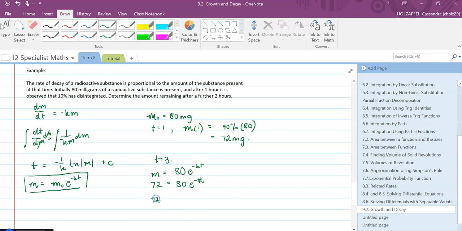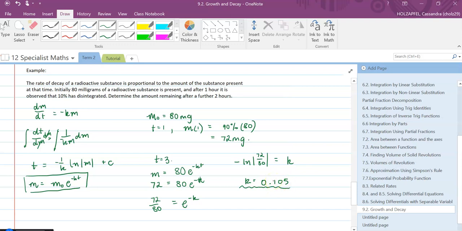Going ahead, we can divide both sides by 80. So we have 72 over 80 is equal to e to the power of negative k. Then we can take the natural log of both sides, and I'm going to divide through by that negative as well. So let's pop that in our calculators now. Our value for k ends up being 0.105.